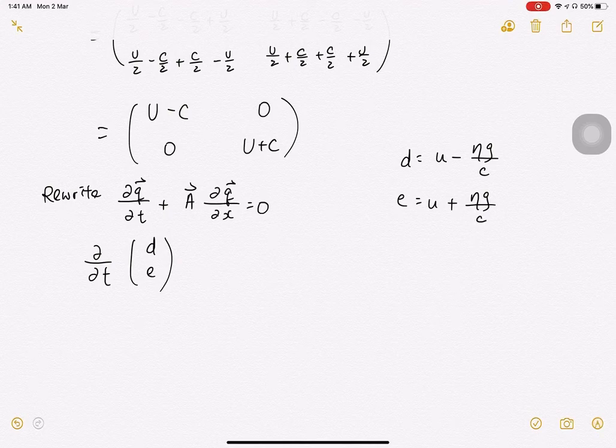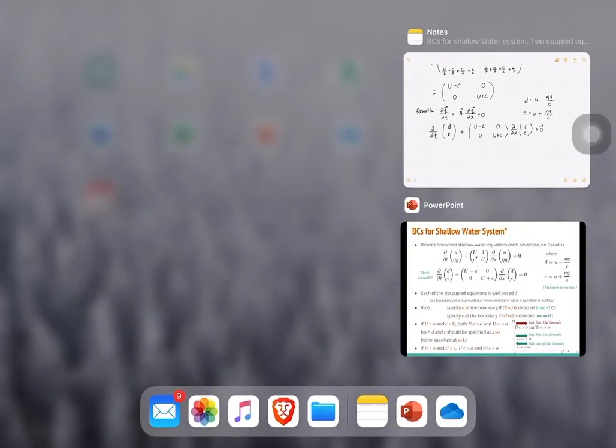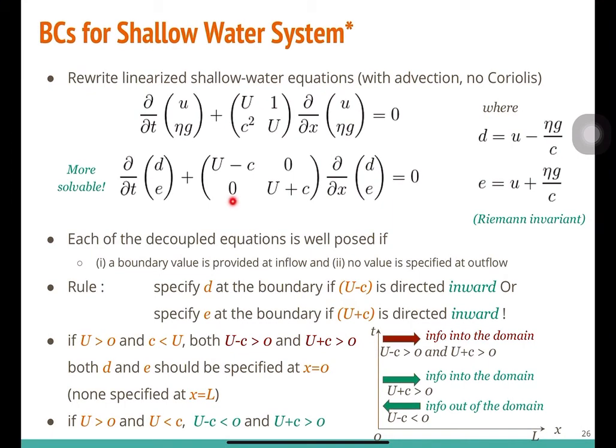Okay, we have the expression for q plus this u minus c, 0, u plus c, d and e. Okay, so this is the decoupled version in here. Why do we change it from the coupled version to the decoupled version? Because it's more solvable. It's easier to solve this equation.